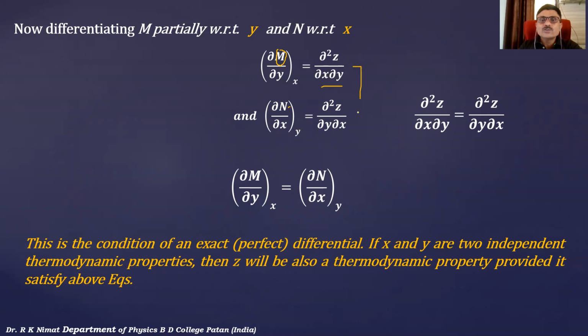So these two differentiations are equal for a perfect differential, and hence we can write ∂M/∂y at constant x is equal to ∂N/∂x at constant y.